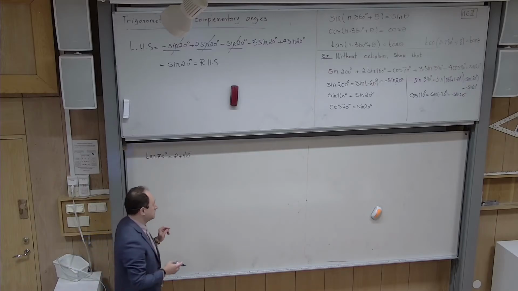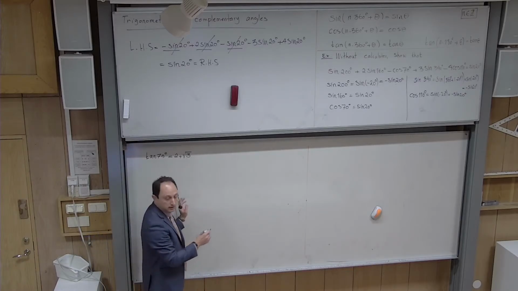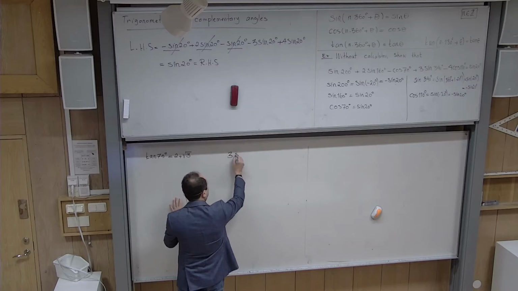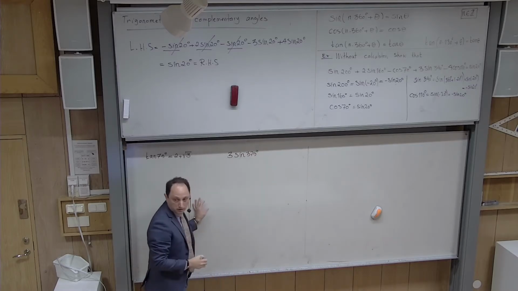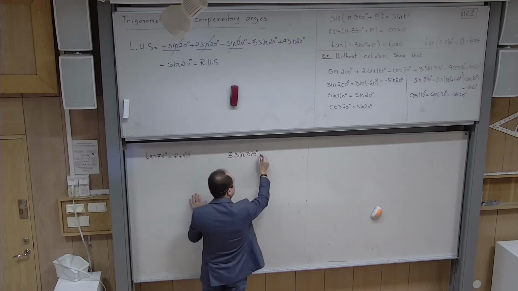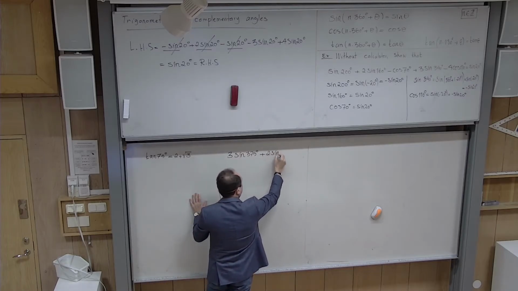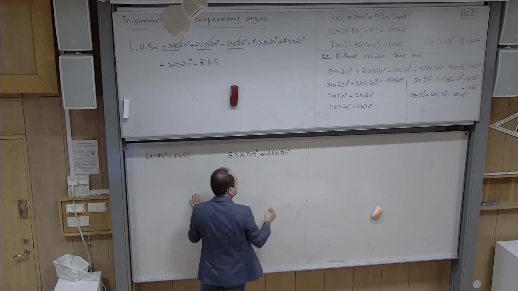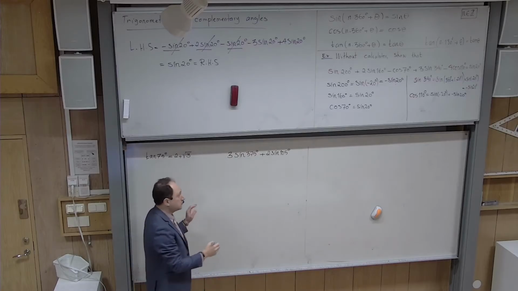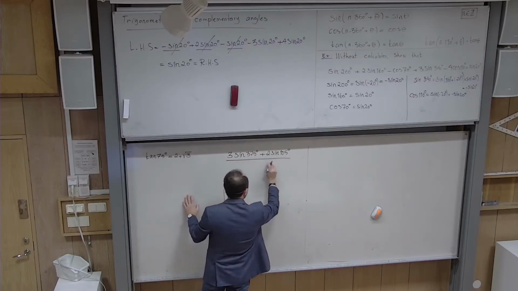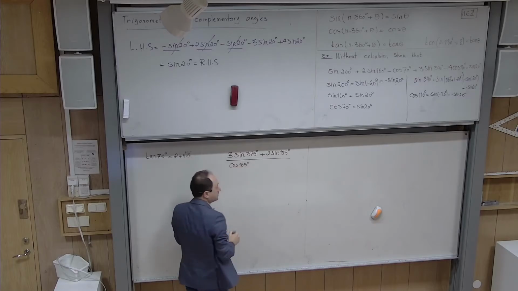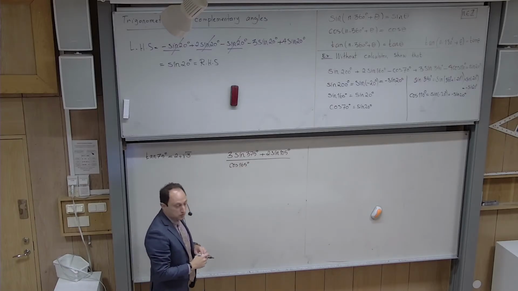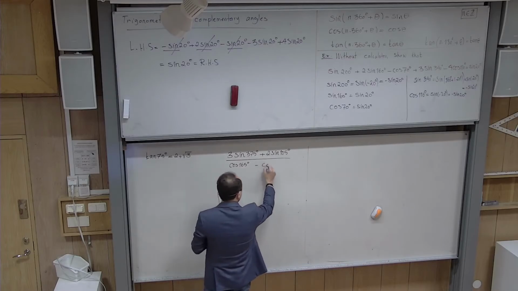Based on this piece of information, without using any calculators, you are supposed to find the exact value of the following fraction. So we want to calculate 3 sine of 375 degrees plus 2 sine 105 degrees, divided by cosine of 165 degrees and then minus cosine of 255 degrees.